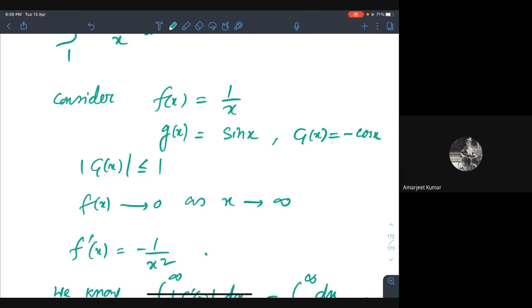Minus cos x, right? Capital G' is small g.